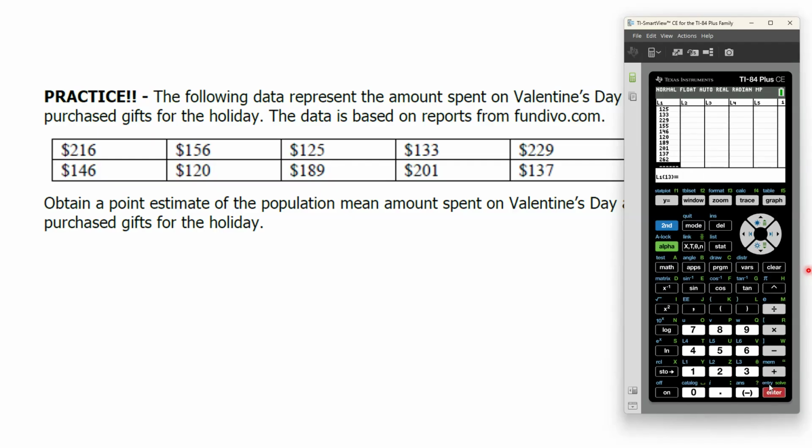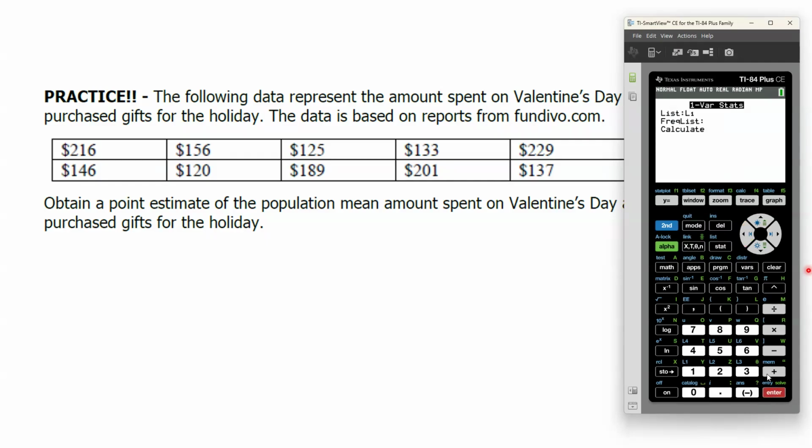Alrighty. Let's make sure that I have all the numbers there correctly. 146, 155, 229, 133, 125, 156, and 216. Awesome. All right. So to get our sample mean, we are now going to need to go to stat, tests, and then calculate, one var stat.